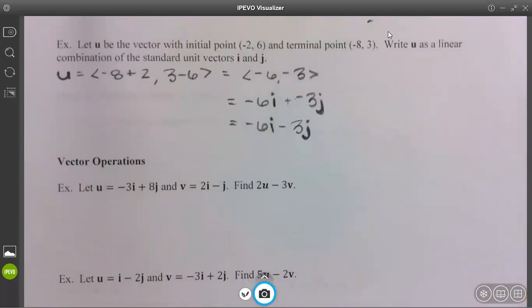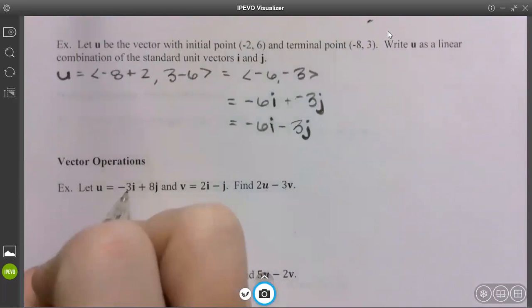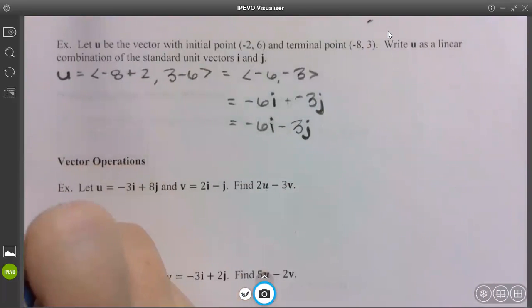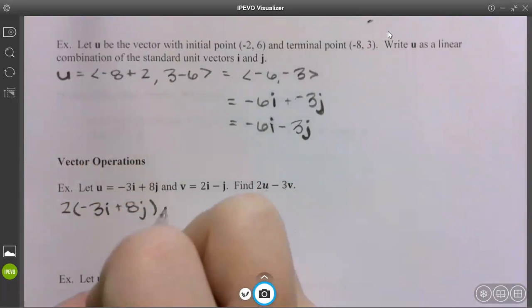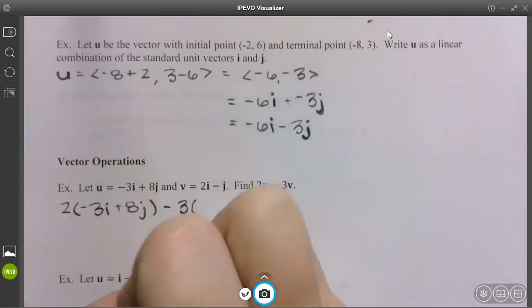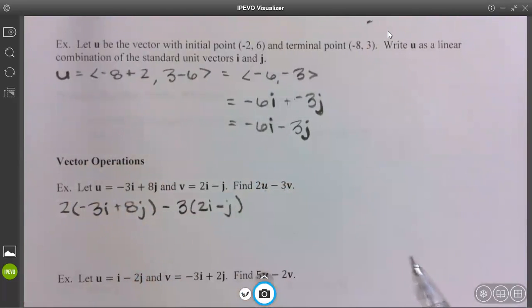Two more on this page. Let U equal negative 3I plus 8J, which is what we got up here, and V equal 2I minus J. Find 2U minus 3V. It's the same thing. So we're going to multiply the U and we're going to multiply the other one. So U is negative 3I plus 8J. We're going to take that and multiply it, and then we're going to subtract 3 times V. And we're going to distribute throughout.